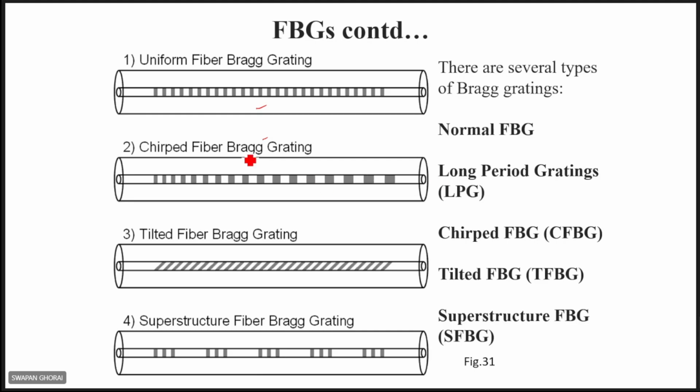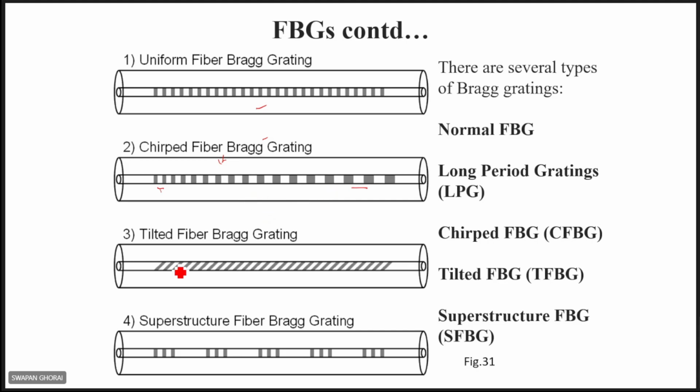The length can be a few centimeters, maybe 10 centimeters. That is a long period grating. Chirped grating is where the spacings are different. Here one kind of spacing, but there a different kind of spacing. So there is a nonlinear variation, right? That is a chirped fiber grating.